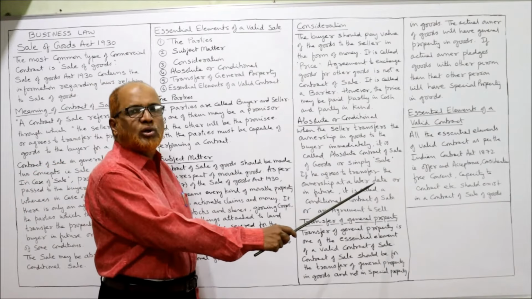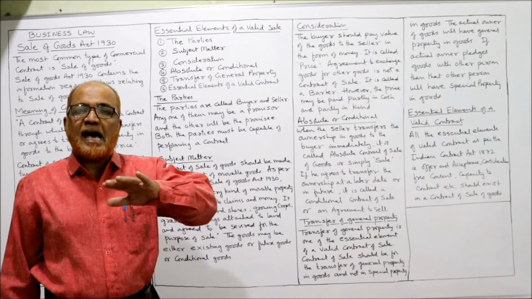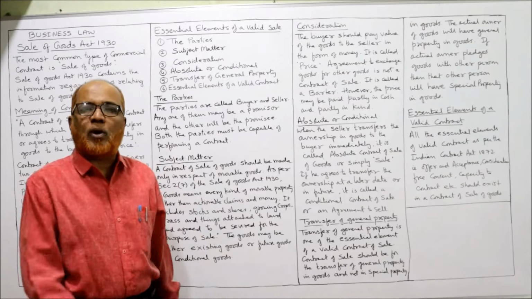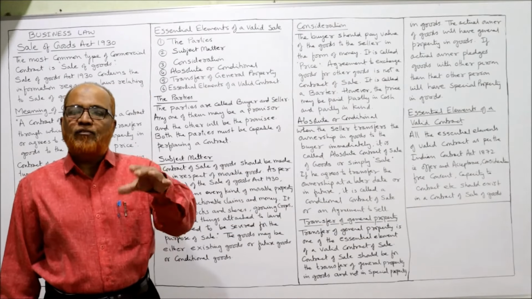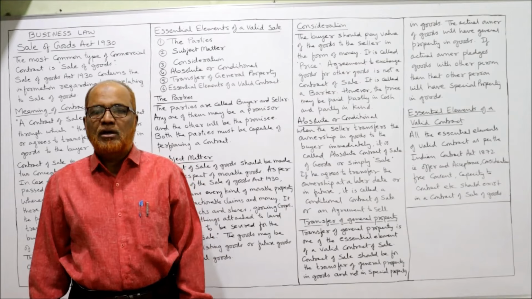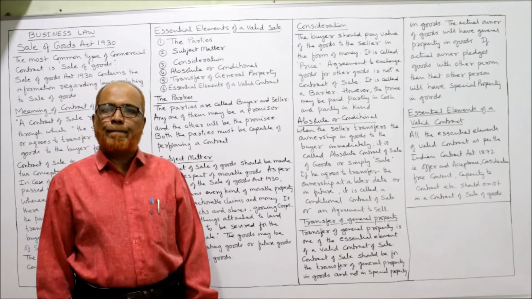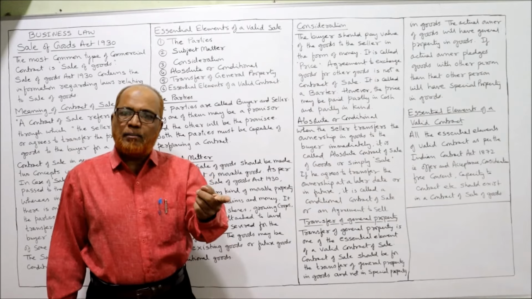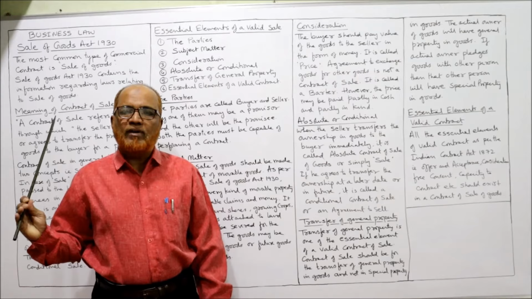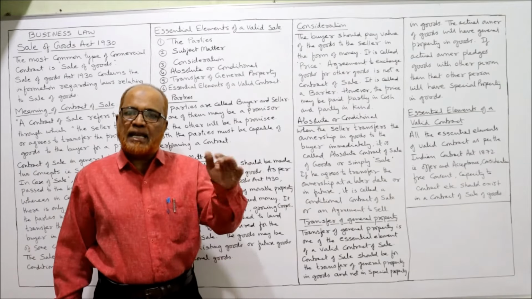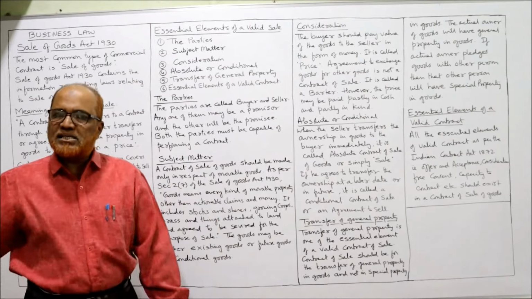Secondly, if the seller is agreeing to transfer the property in the goods at a future date or upon fulfilling some conditions, it is called a conditional sale or agreement to sell. So sale and agreement to sell both will come under sale of goods. When we say sale of goods, it includes the seller sells or agrees to sell. That's all.